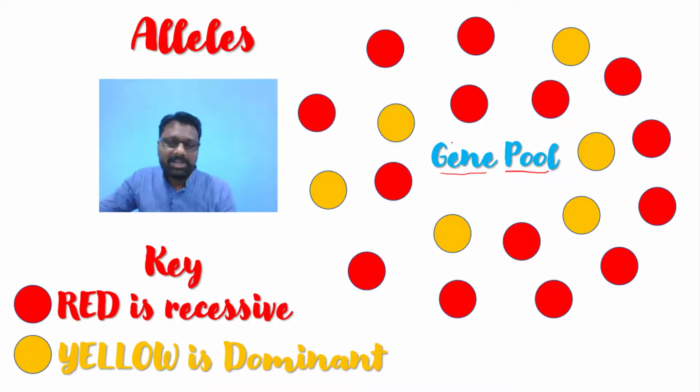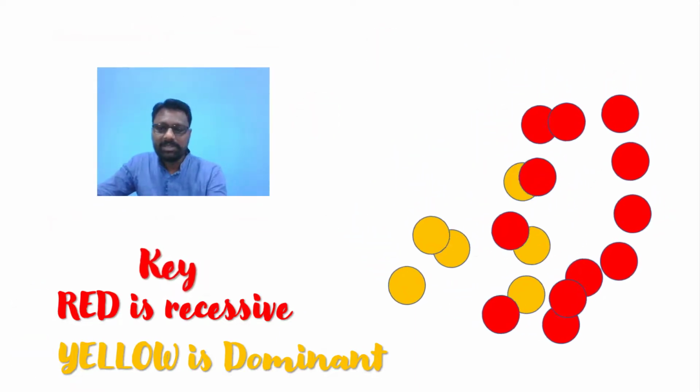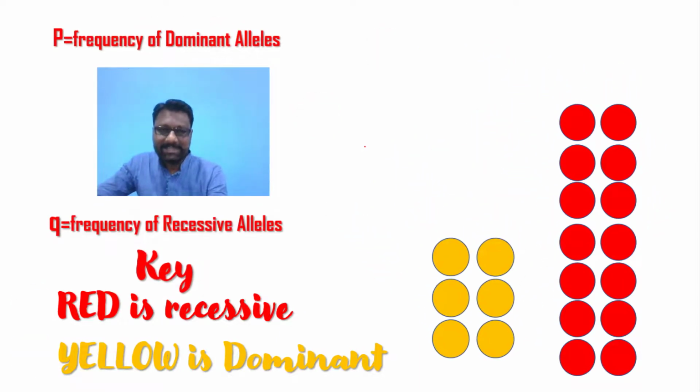Here we have different alleles present in the gene pool. There are yellow colored alleles which stand for big R, and red colored alleles which stand for little r. When we talk about the number of big R's and little r's in the gene pool, we can stack them separately.